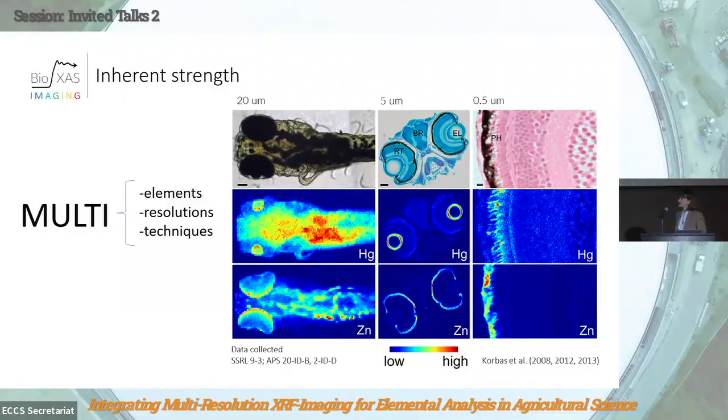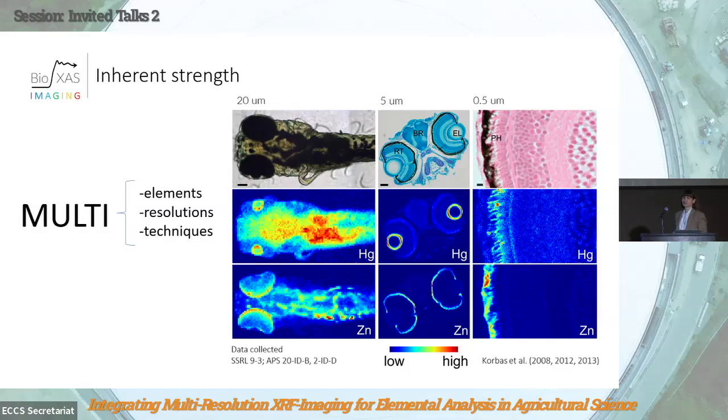They utilized a macro mode, at 20 micron resolution, to image the whole organism specimen, and then used the micro resolution of 5 micron and submicron resolution to image cross sections of relevant areas.